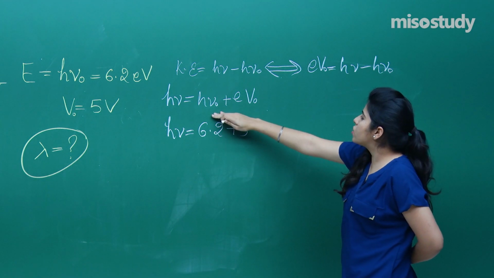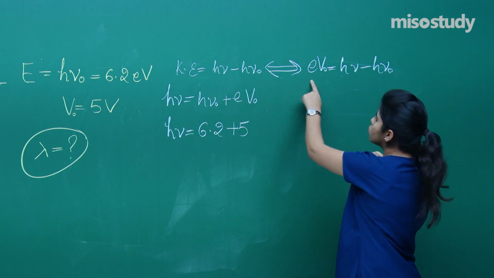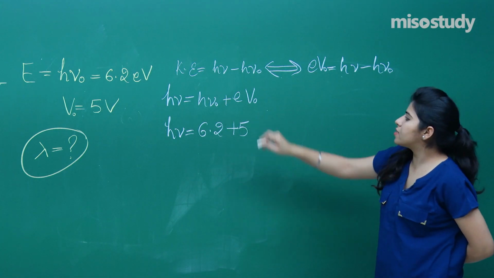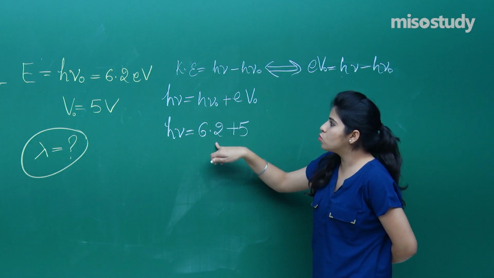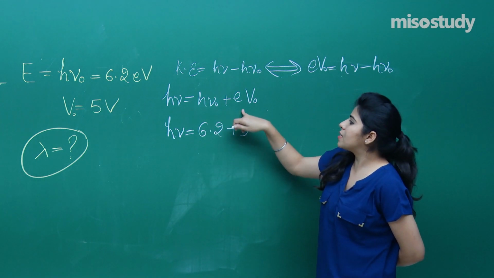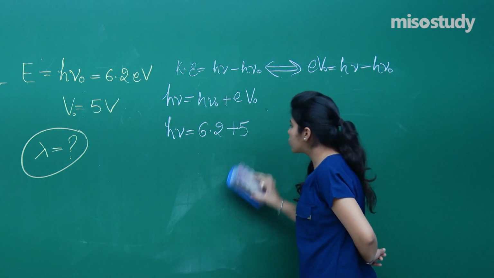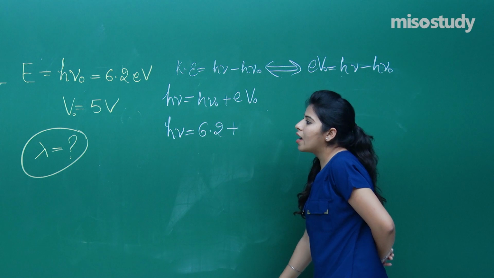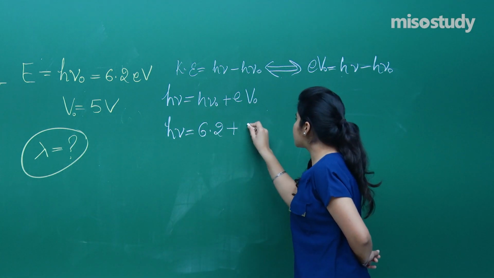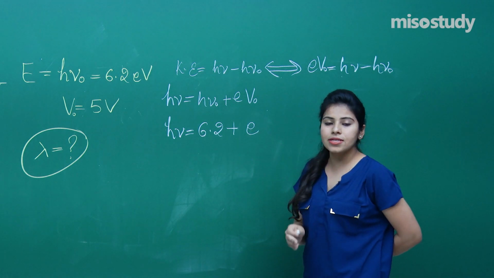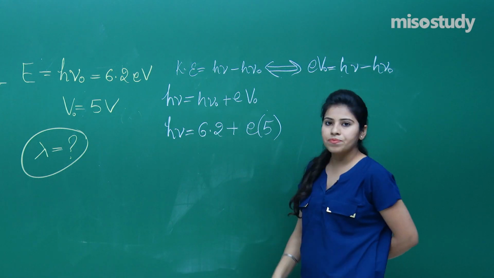So I have just written this equation in the form h nu equals h nu naught plus e V naught. Now h nu equals h nu naught, which is 6.2, plus e into V naught. I know the value of V naught. V naught is 5 volt.